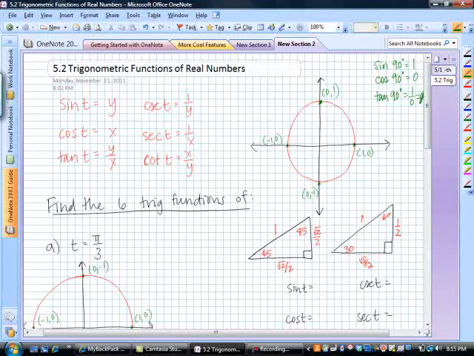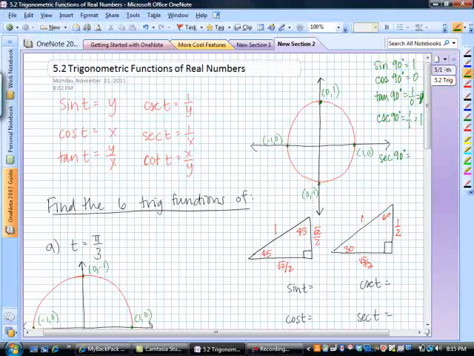The cosecant of 90 degrees is basically the reciprocal of the sine. So what is the reciprocal of 1? The reciprocal of 1 is 1 over 1. So the cosecant of 90 degrees is 1. The secant of 90 degrees, or the secant of an angle, is the reciprocal of the x value.